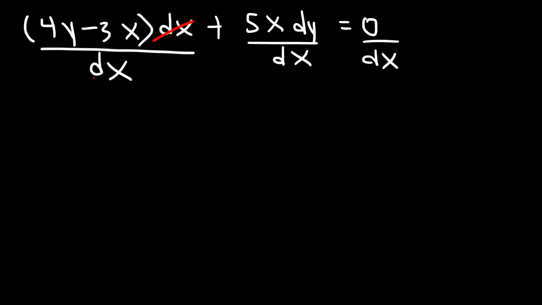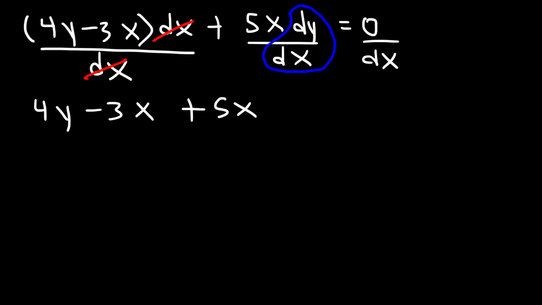On the left side, these will cancel. And so we're just going to have 4y minus 3x, and then plus 5x, and here we have dy divided by dx, so we can replace that with y prime. And 0 divided by dx is just 0. Now, to put it in standard form, we need q of x to be on this side.